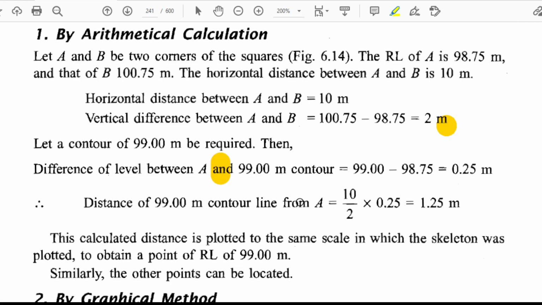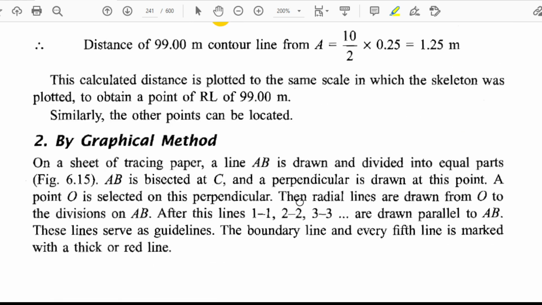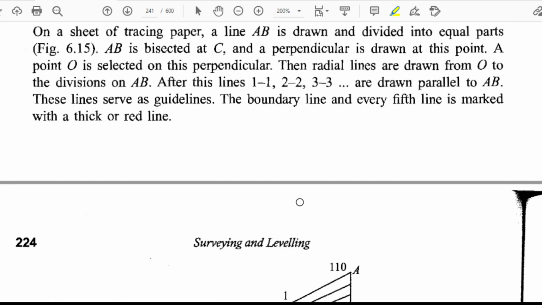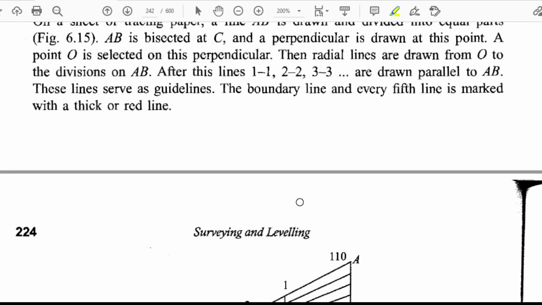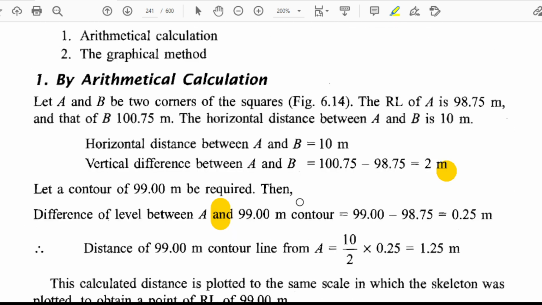In the same manner, the graphical method is adopted, but the graphical method is not a practical one, so we can adopt arithmetical calculation for plotting interpolation of contours. I hope you understood the interpolation of contours. In next video, we'll move to the theodolite survey. Thank you.